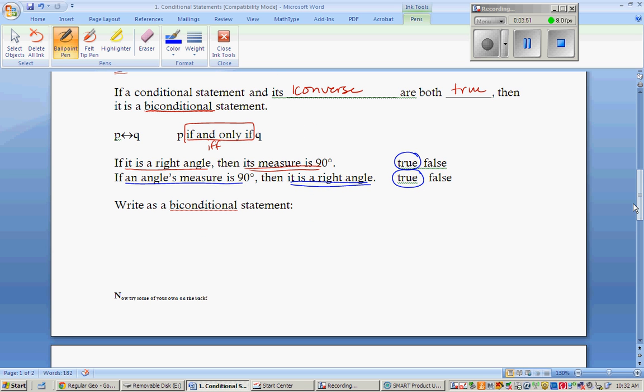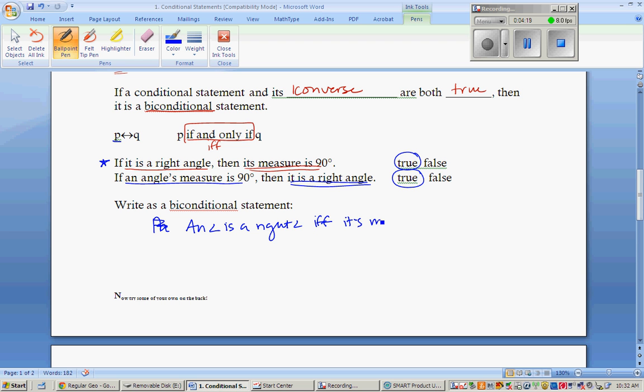So since it's true in both directions, we'll say it's biconditional, and we want to write it that way. The easiest way to do it is take this first sentence and just write the P part as it said. So instead of saying it is a right angle, we want to know what it is. So I would say an angle is a right angle, and then we put the if and only if, and then you say the second part of the sentence.